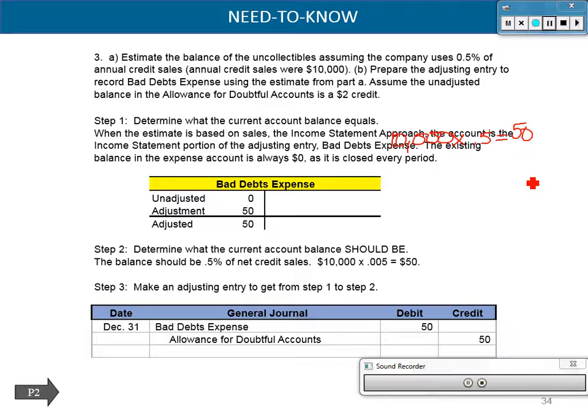Under the percent of sales method, you do not assume nor do you include any previous balances that were in allowance for doubtful when it comes to making an adjustment.